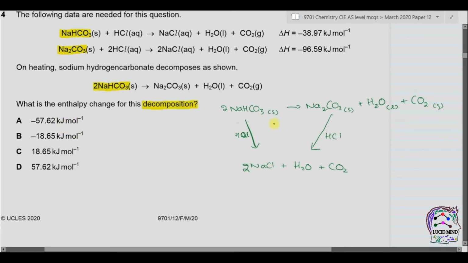Now let's see, according to Hess's law, which is one-step process and which is two-step process.